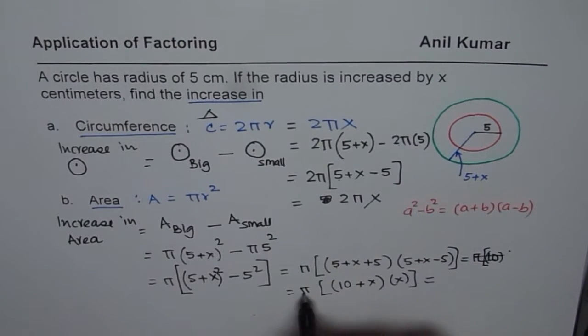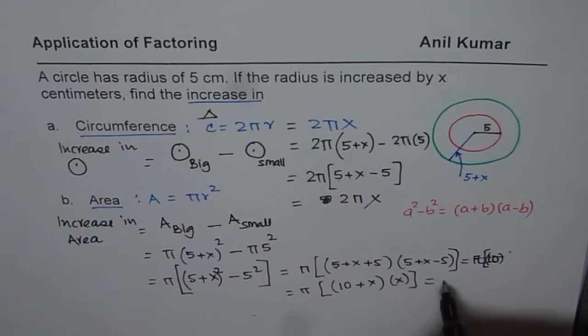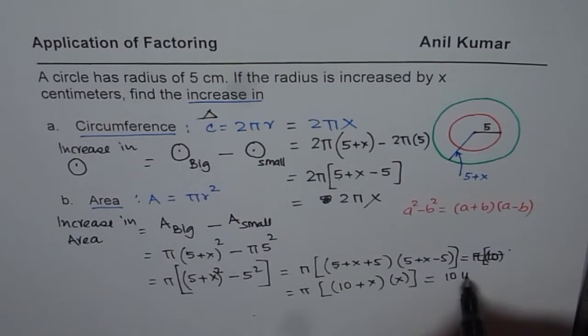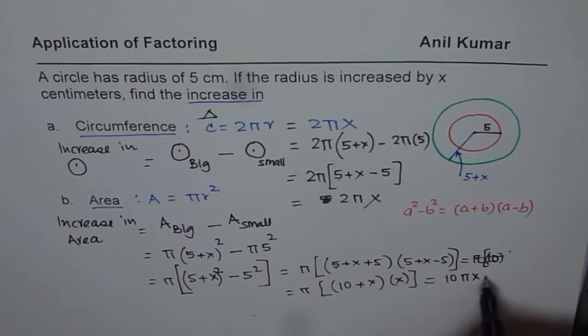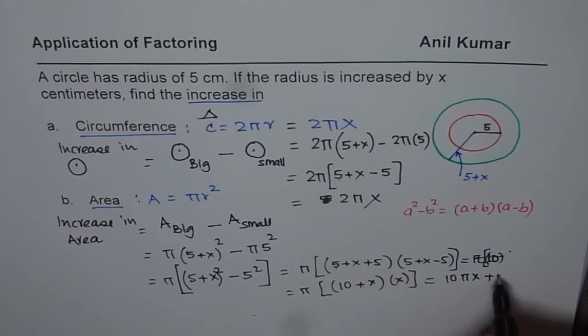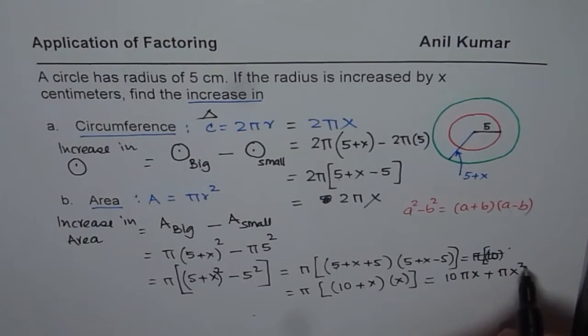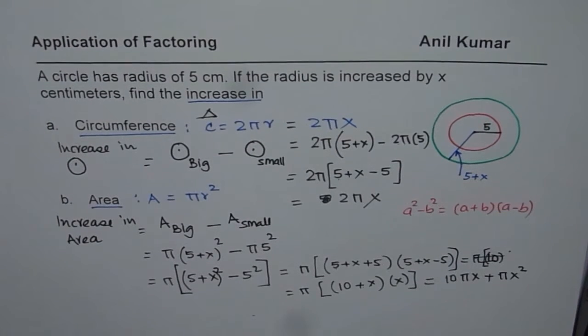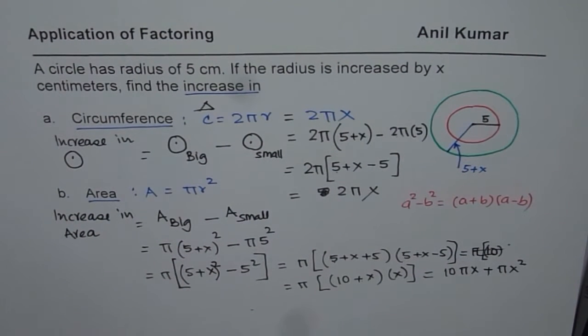Expanding, we can write this as 10 pi x plus pi x square, right? So that is how we could write our increase in area from the given condition. You can also rearrange writing x square terms first.